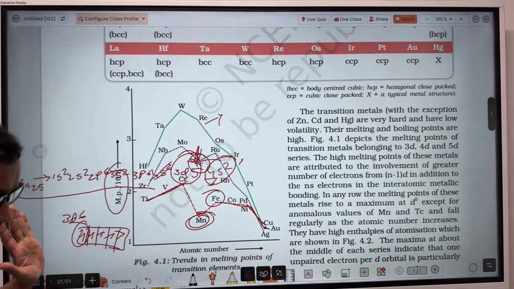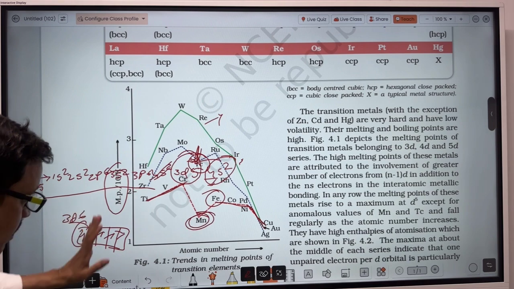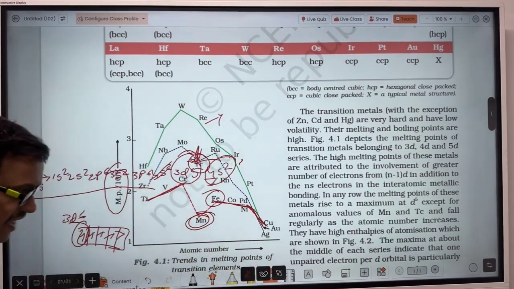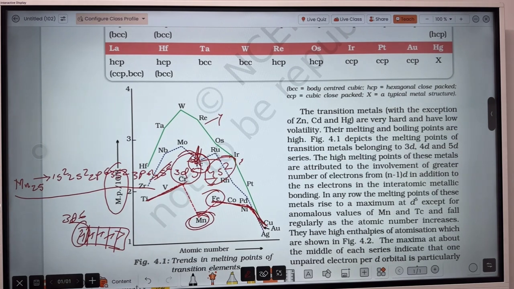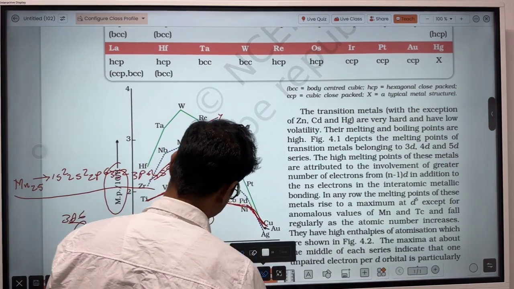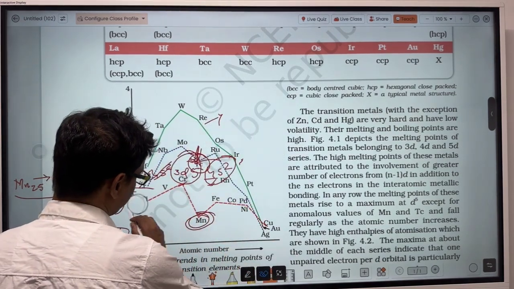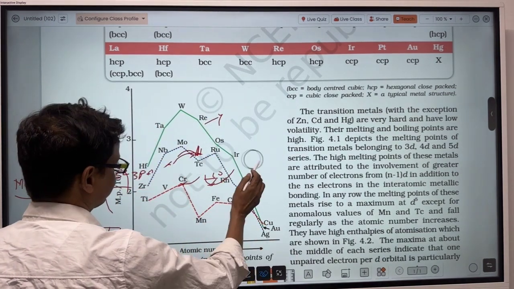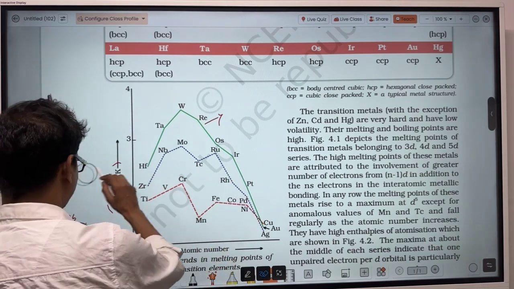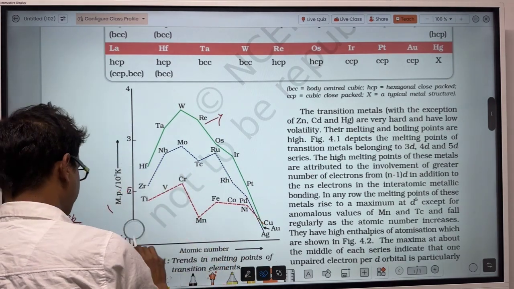What's the reason? I have discussed. After that, from iron, pairing of electrons begins, and hence the number of unpaired electrons starts decreasing. As a result, the melting point of these elements starts decreasing. Same for technetium also, and these elements also.